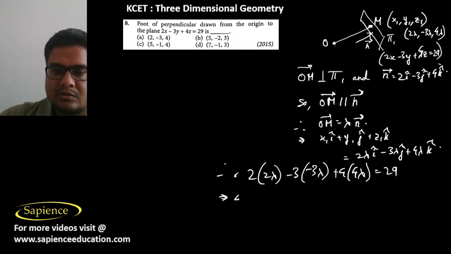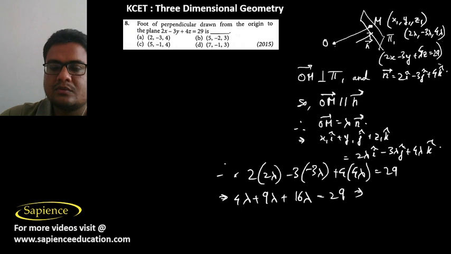This gives 4 lambda plus 9 lambda plus 16 lambda equals 29, so 29 lambda equals 29, and lambda is equal to 1.